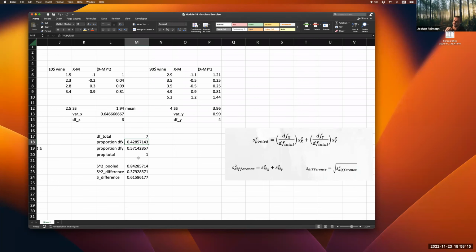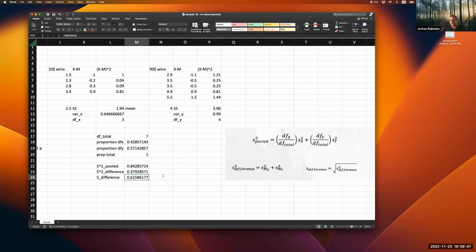This gets us to a pooled variance. Then adding these up and dividing them by the respective sample size of the respective sample, either sample X or sample Y, and adding these up gets us to this pooled standard error of the mean of variability of the differences. Employing the square root on this gets us to a standard error of the mean of these differences.